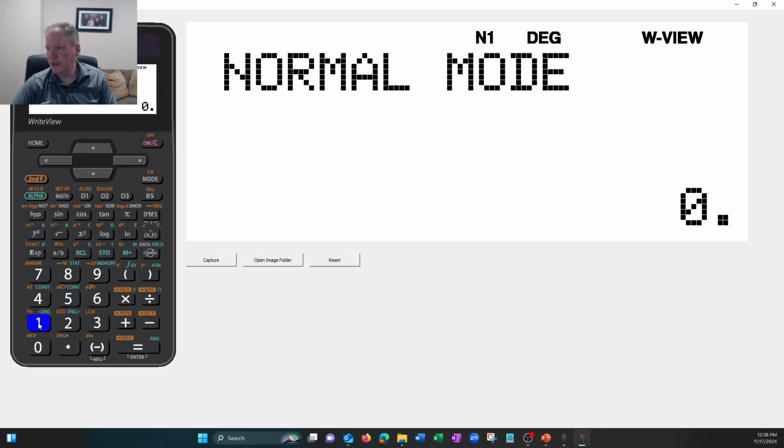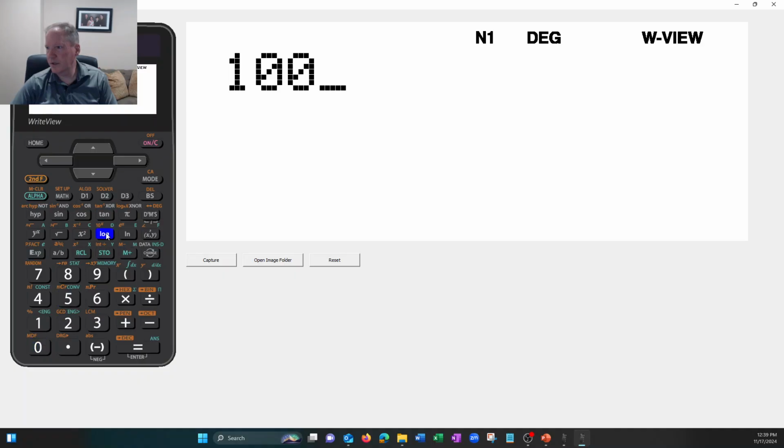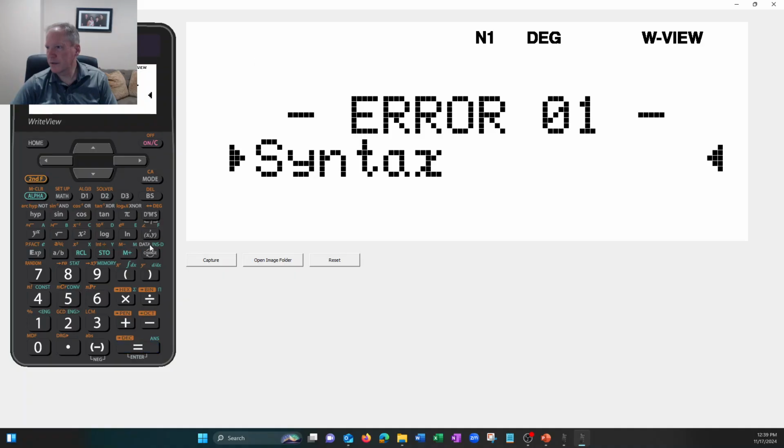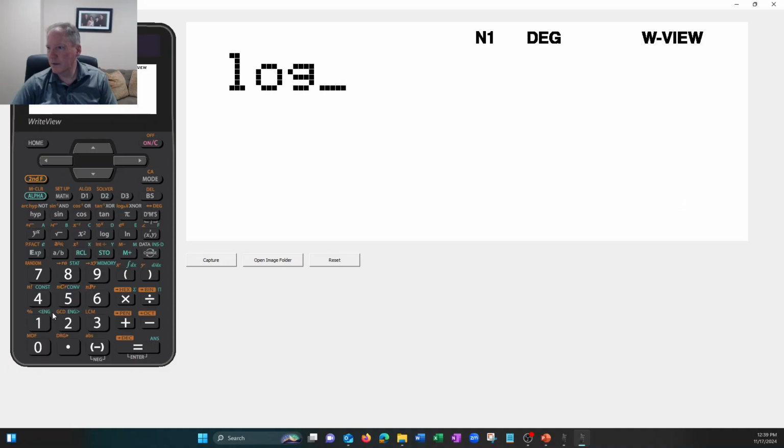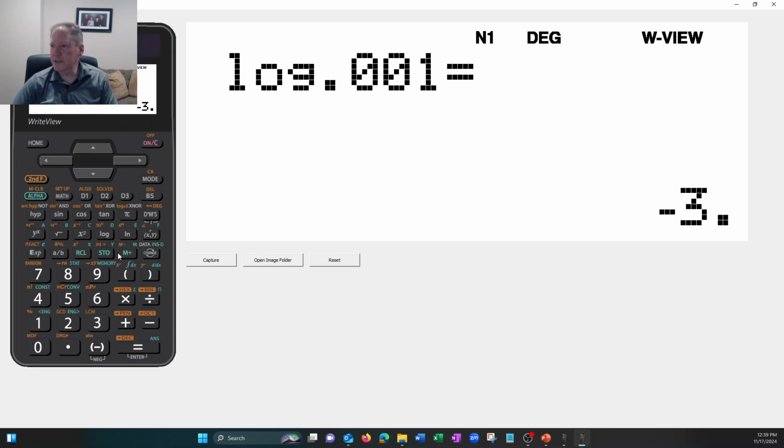So if I say 100 log equals, okay, that's not the right way. Let me do log 100 equals, and it tells me it's 2. Then log of 0.001 should be negative 3, right? And it is. So that's the log feature.